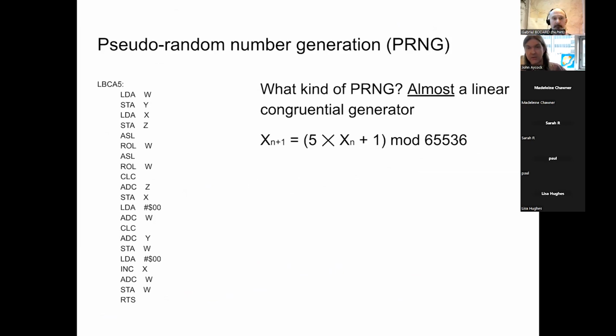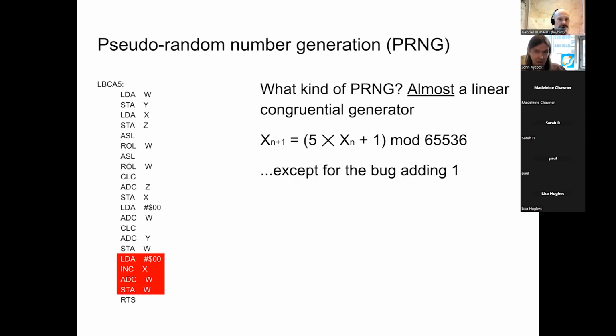As a computer scientist, it's reasonable to ask what algorithm the game is using to produce random numbers. In other words, what type of pseudo-random number generator does Entombed have? Well, it is almost what's called a linear congruential generator. Almost, except for the presence of a very subtle bug in the assembly code.